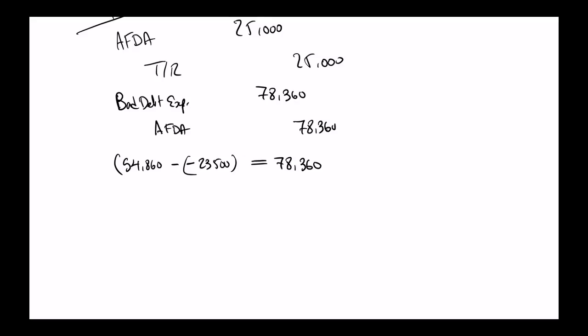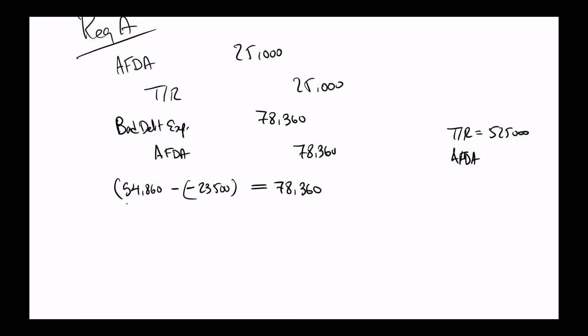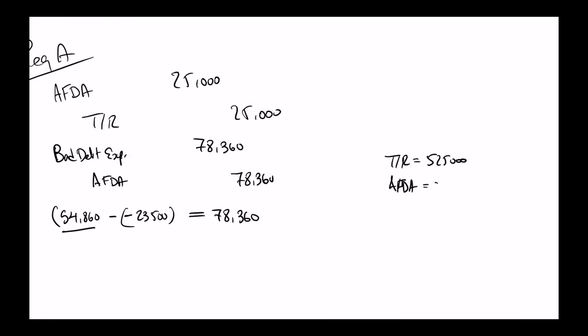And that will bring our trade receivables finally to a balance of 525,000, and our AFDA to a balance of 54,860, because we were at a negative balance before.